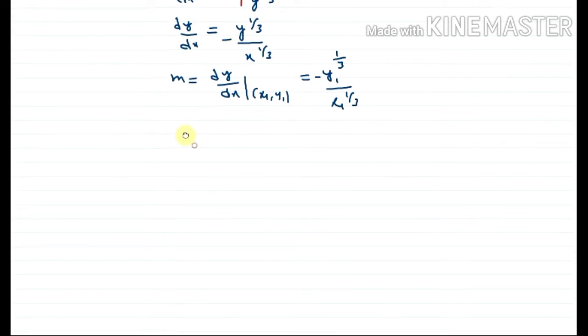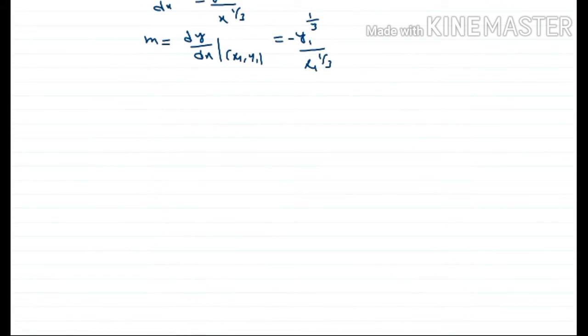Now find the equation of the tangent here. On substitution in y minus y1 is equal to m, that is y1 to the power of 1 by 3 divided by x1 to the power of 1 by 3, into x minus x1.